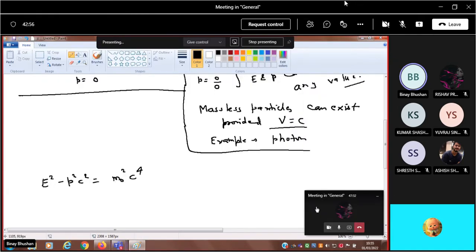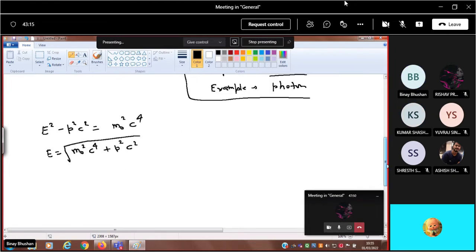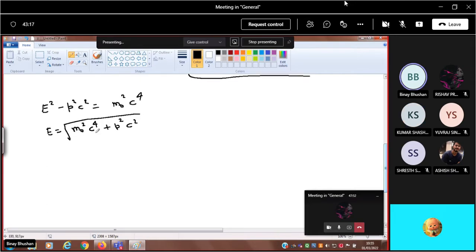So what we have got is that the total energy of a moving particle, E, is equal to the square root of M naught square C4 plus P square C square. Very important relation.